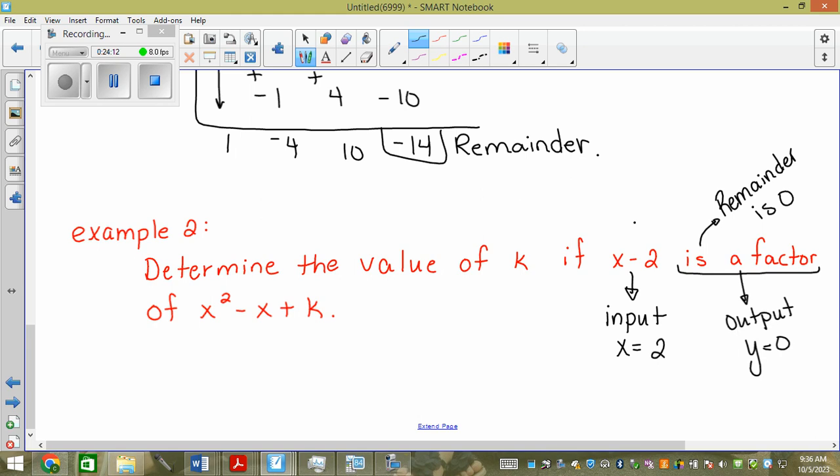So let's input it. So say we have p of x equals x squared minus x plus k. I'm filling what in for all the x's? 2. What goes over here? What is p of x? Just a fancy way of saying, it's just your y, which is 0.